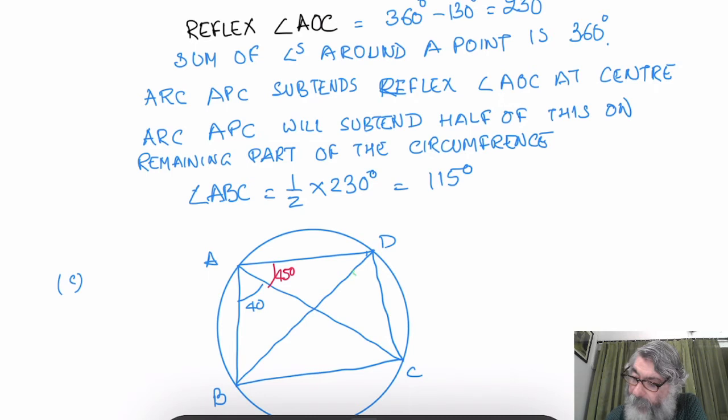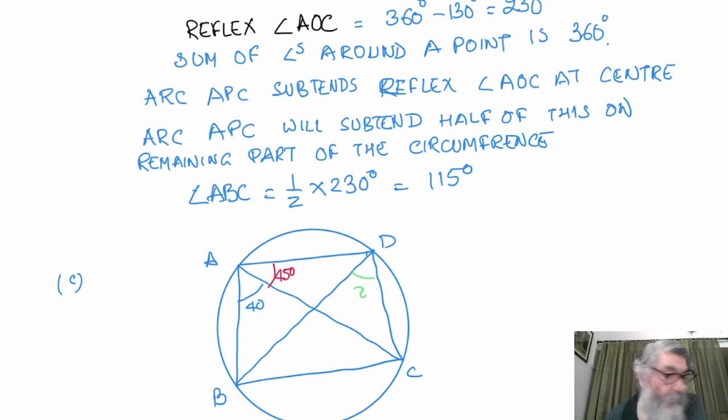This angle is x. Take another color, black, since yellow is not visible. And this is y. Now I have clearly indicated all the different angles in different colors for your convenience.